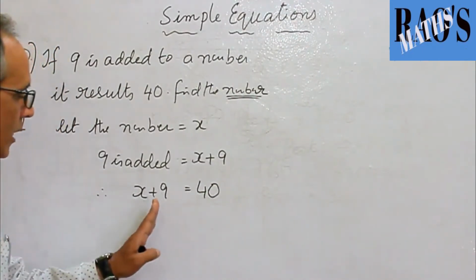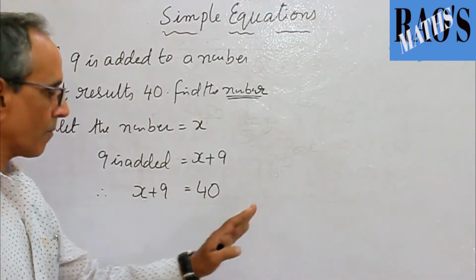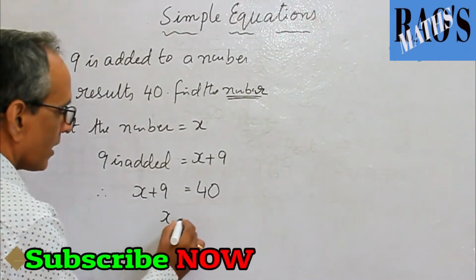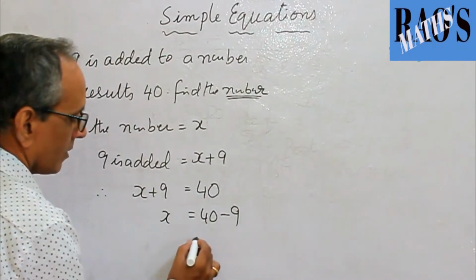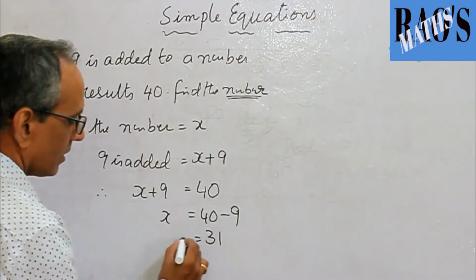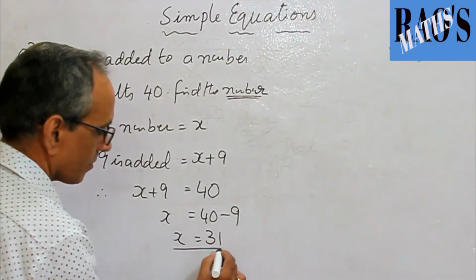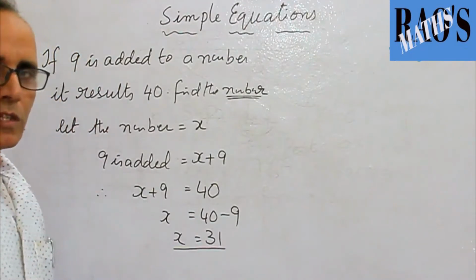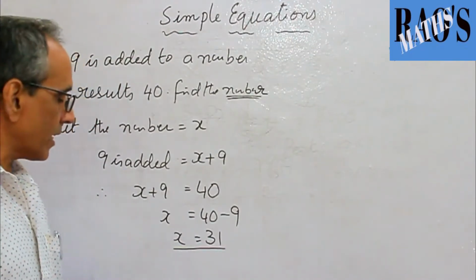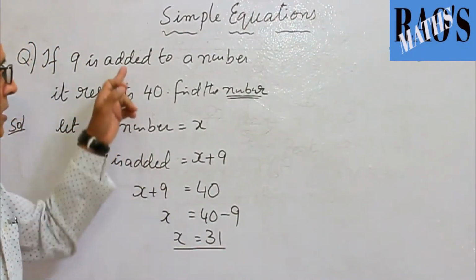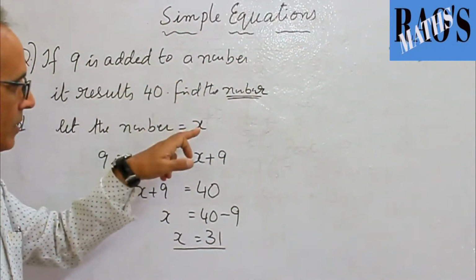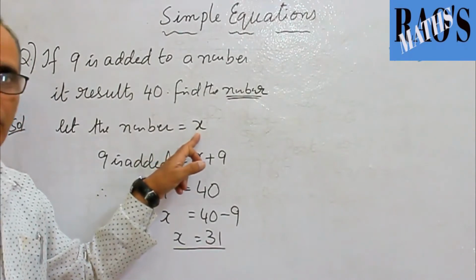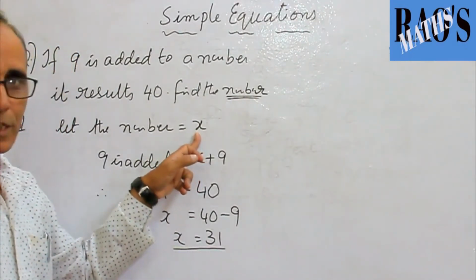Now we know what to do. 9 to be transposed to the right side, keeping the variable on LHS. x is equal to 40 minus 9, which is 31. Therefore, x is equal to 31. Most of the students end up their solution by writing x is equal to 31. But the question is not find the value of x, because there is no x in our question. x is our variable, our assumption.